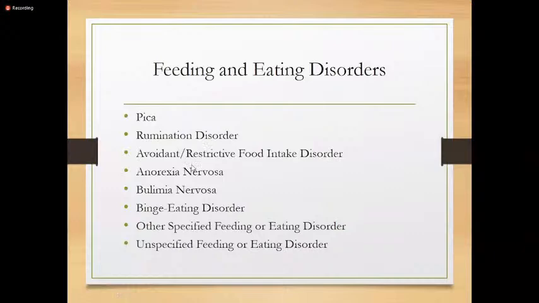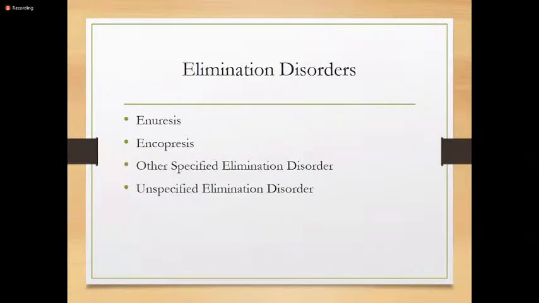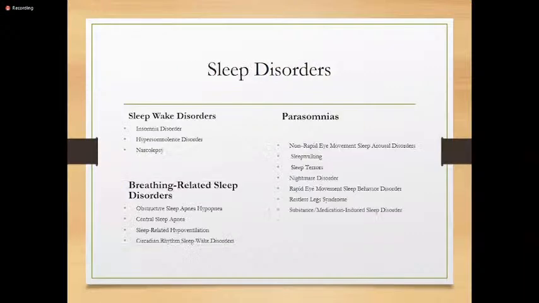But some of these, avoidant restrictive food intake disorder, anorexia nervosa and bulimias and so on, are not very common in our setting. Then you have the elimination disorders, which again used to be disorders that first appear in childhood, enuresis and encopresis, and the other specified.